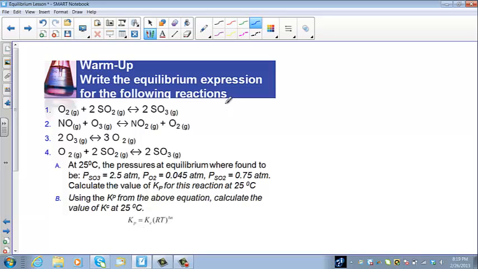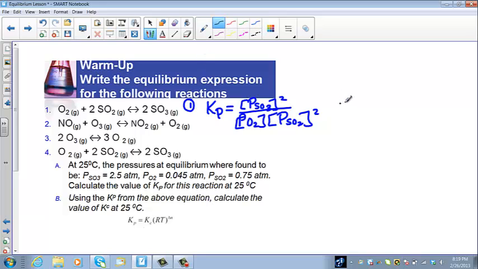So for A, this is a gas, so Kp is going to be equal to the pressure of SO3 squared over the pressure of O2 times the pressure of SO2 squared. So this is for number 1.